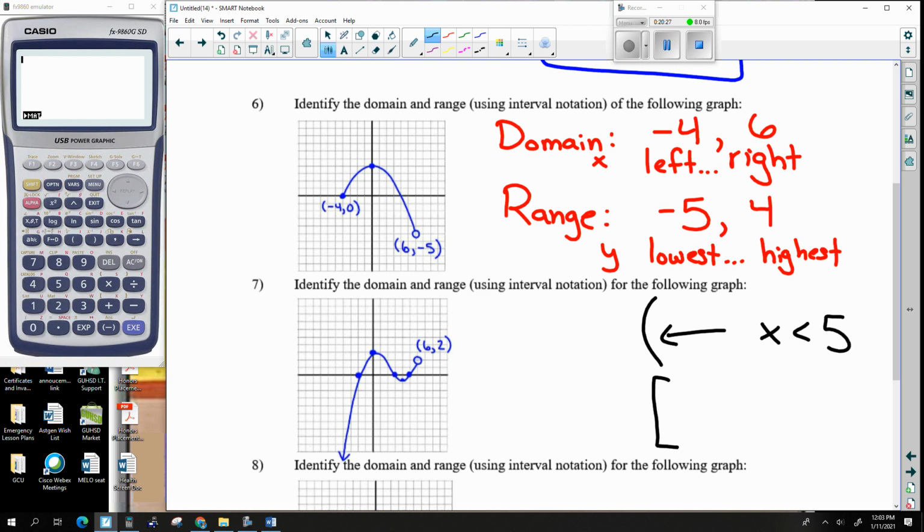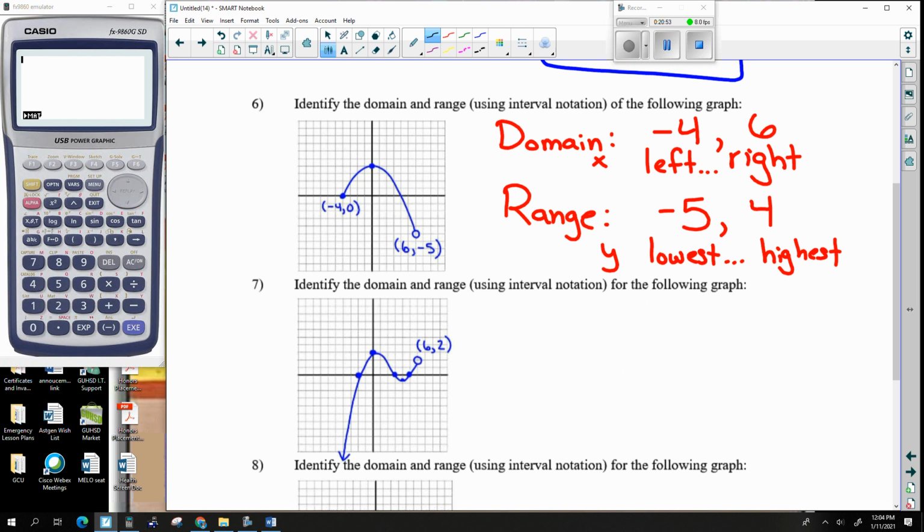It means it is not equal to that number. So if you get wicked close to something, but not actually there, you use a round bracket. If you use a square bracket, that would be something like "or equal to." That means it actually does touch 5 or whatever.